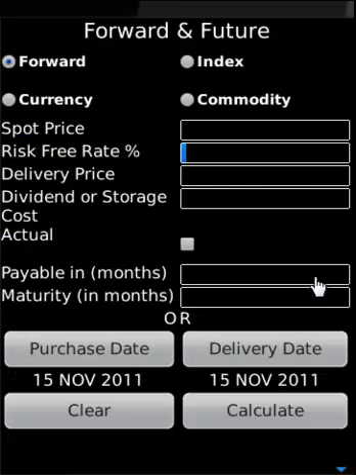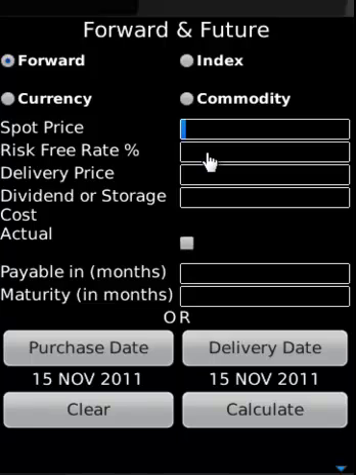Forward and future. The BlackBerry application calculates forward or future. It calculates three types of future securities: index, currency, commodity. It calculates the price, value, and parity rate, where you supply the spot price, risk-free rate, or a combination of delivery price, dividend or storage cost, whether it's actual or percentage, payable in months, maturity in months, or we supply purchase date and delivery date.